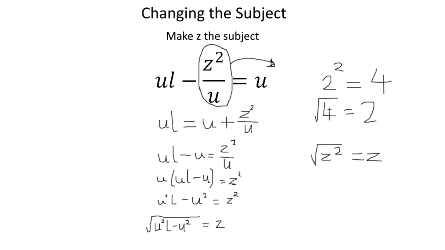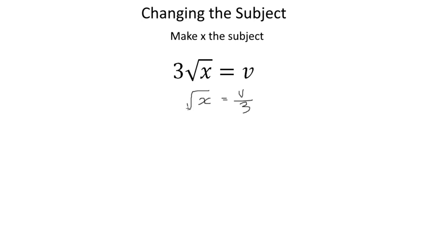So if you want to go from a square to a single number, you square root. And if you want to go from a single number to a square, then you just square both sides. Now that sounds a bit complicated, but I can show it practically here. So if we want to get x on its own, we just have to square both sides.